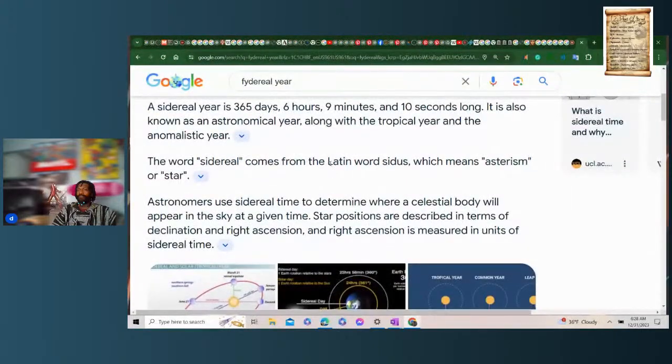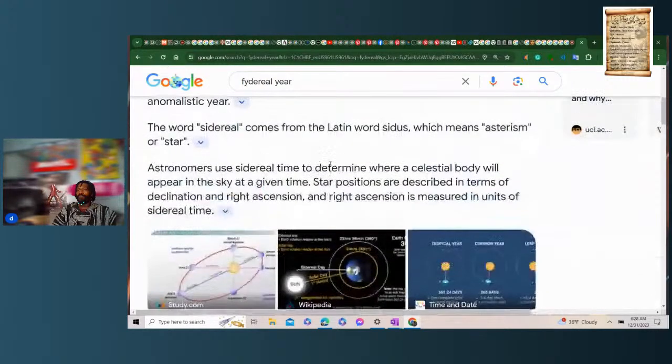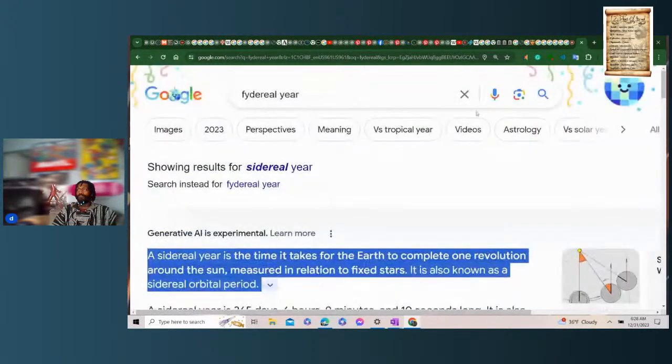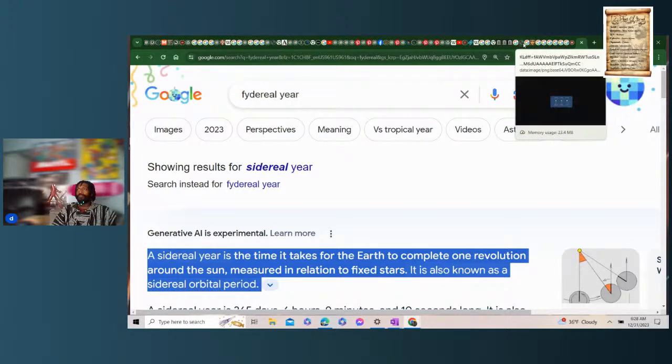Mm-hmm. So now we have two types of years, and we have to really determine the equinox to the equinox, and then the constant star to the constant star. Okay.